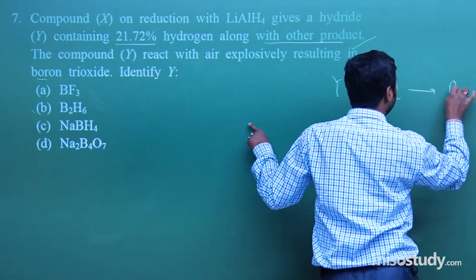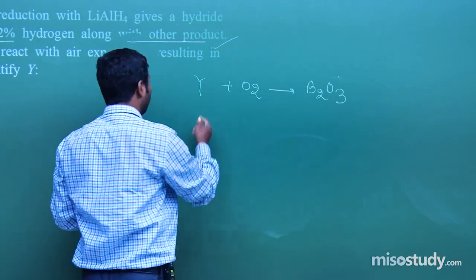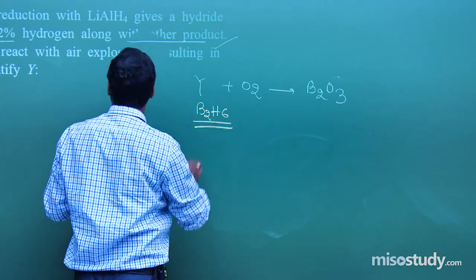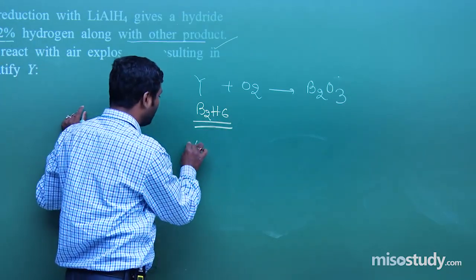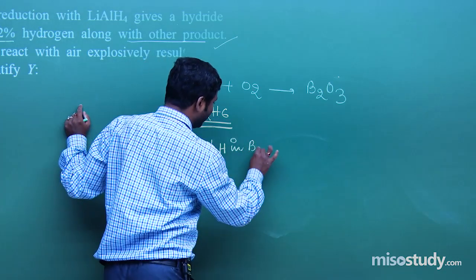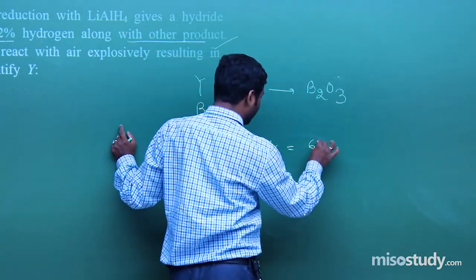It gives B2O3. Definitely it gives B2O3, that is, Y is B2H6. Now here 21.72 is given. Now calculate the percentage of hydrogen in B2H6. That is total 6 into 1.